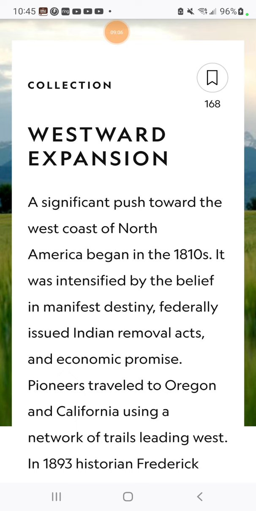It says federally issued Indian removal acts and economic promise. So there were acts that they put into place to remove the North American Indians from the lands that they inhabited. All right. And with that removal, they promised themselves economic promise.